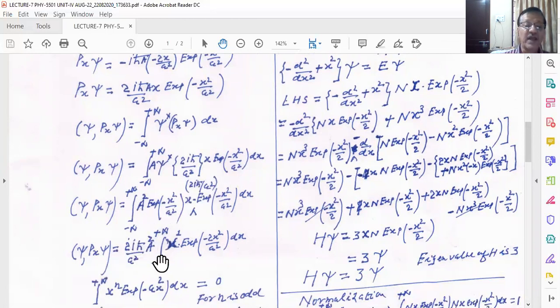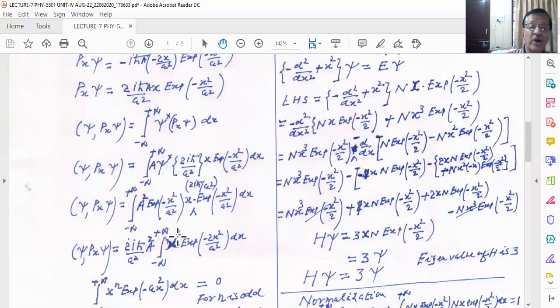So now we have integration from minus infinity to plus infinity, and the integration is very well known to you: x to the power of 1, and you have the exponential of minus x square over a square dx. Now this integration you have studied is an odd function of n.